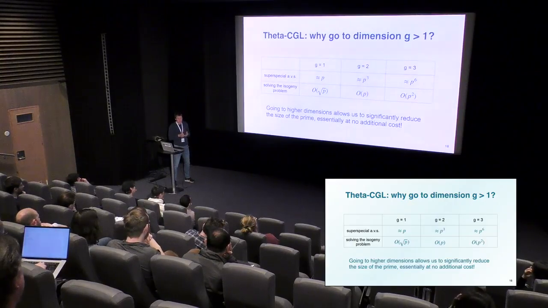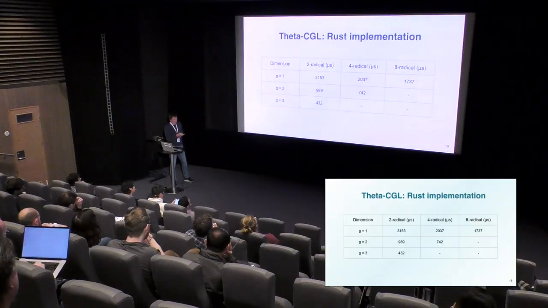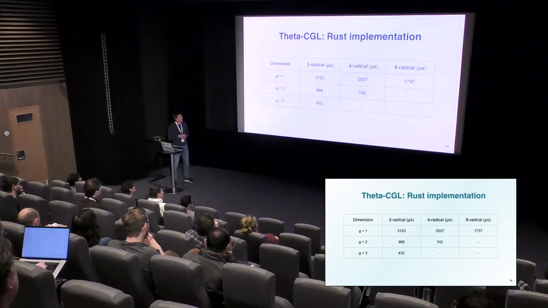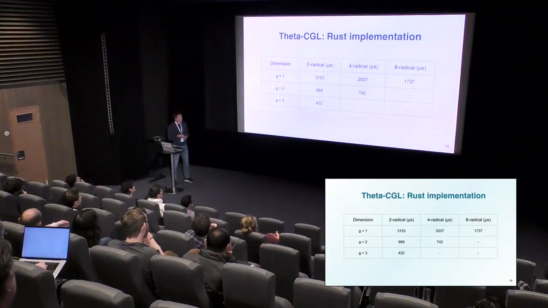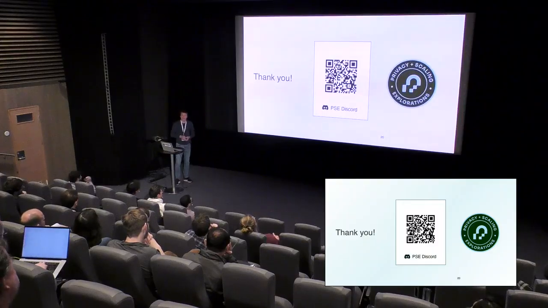And this means that the arithmetic of the finite field is more efficient, and you actually get a speedup because of this. And our Rust implementation actually showed that in genus 3, this hash function is the fastest, so it only takes 400 microseconds to compute the hash. And yes, with this I conclude my talk.